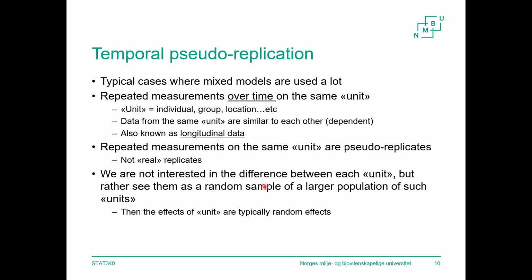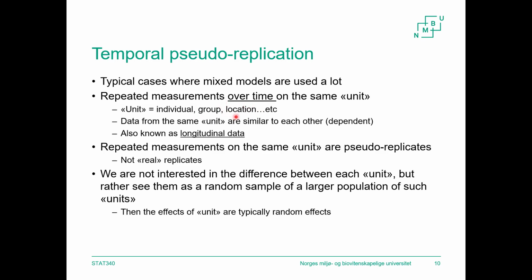We are not really interested in the difference between each unit. Sometimes we are, but in this case we are not really interested in the difference between each unit, but we rather see them as a random sample of a larger population of such units. So again, the medical case, when you track patients over time, you are not interested in these particular patients, but you are interested in them as representatives of a much bigger group of people, right?